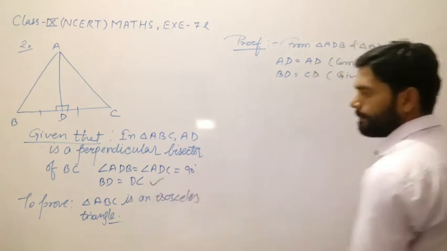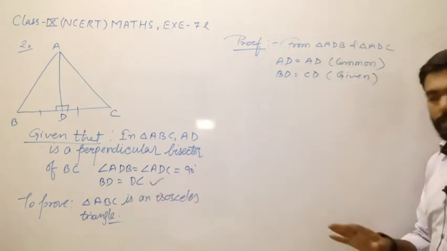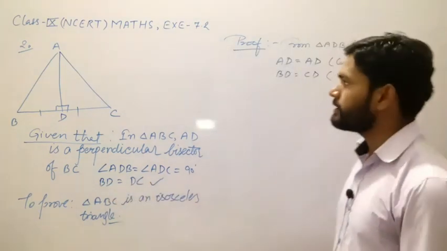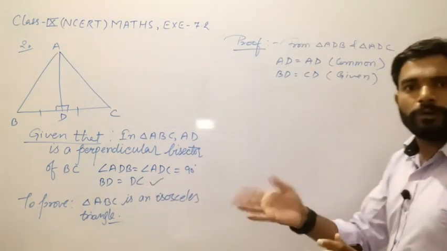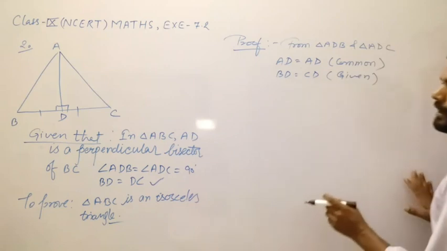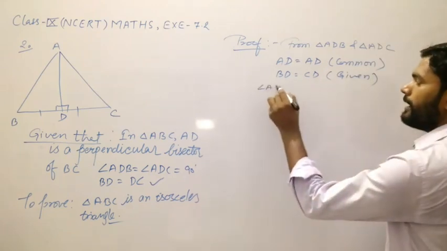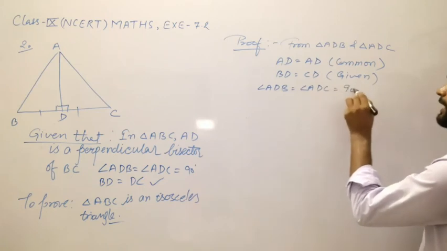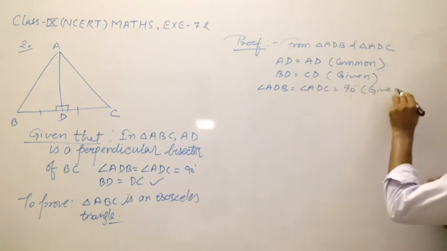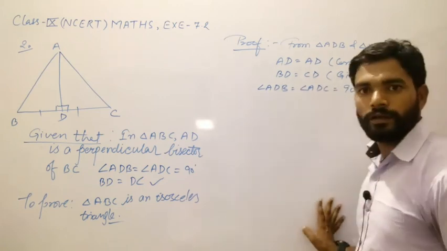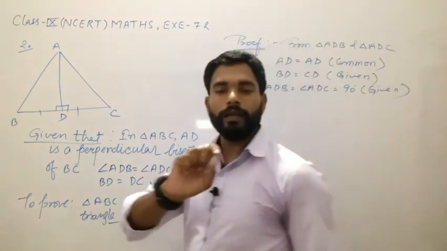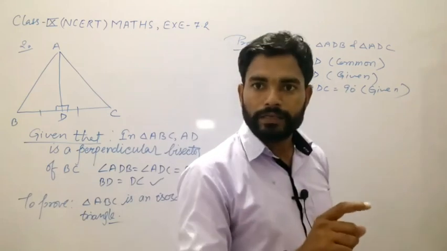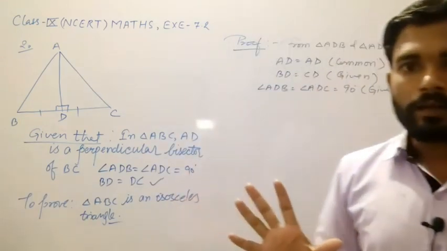Here. BD is equal to CD or DC, doesn't matter about it. We can change the order of these letters क्योंकि लाइन सेगमेंट है. CD बोल दो, DC बोल दो, मैटर सेम ही रहेगा. And angle ADB is equal to angle ADC which is equal to 90 degrees and this one is also given. यहाँ पे राइट एंगल बन रहा है तो RHS क्राइटेरिया अप्लाई मत कर देना बिकॉज क्योंकि यहाँ पर हाइपोटेनियस इक्वल नहीं है. क्लियर है बात यहाँ तक?